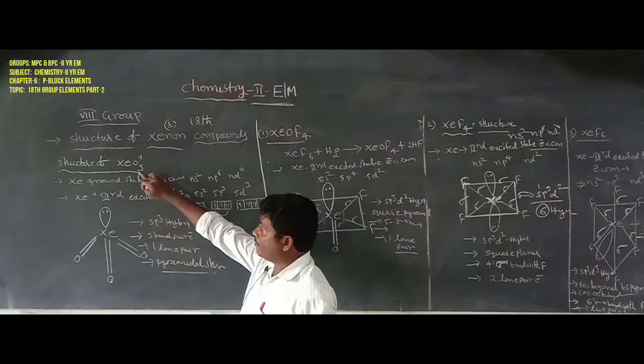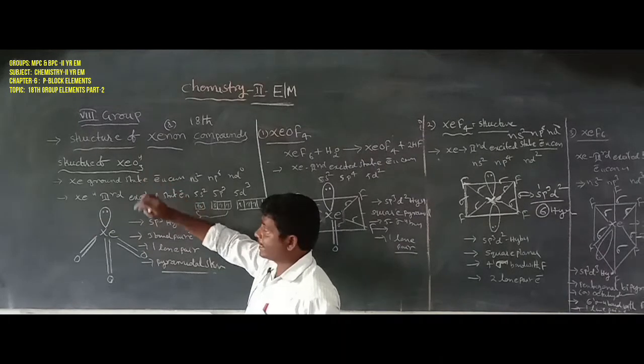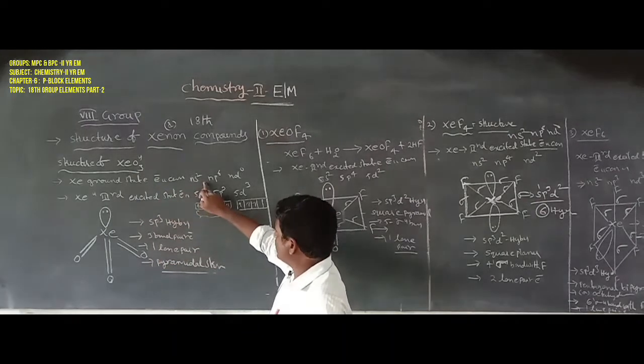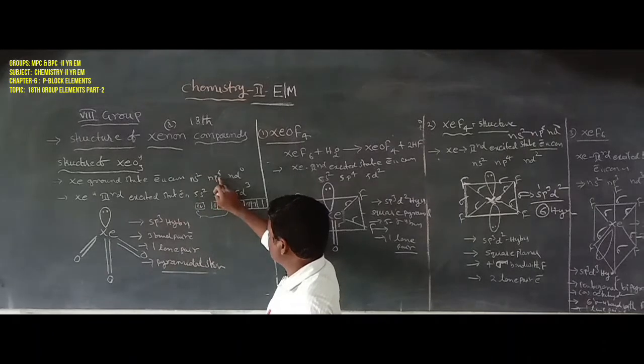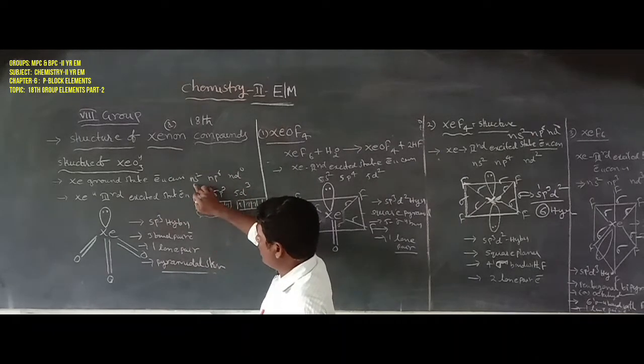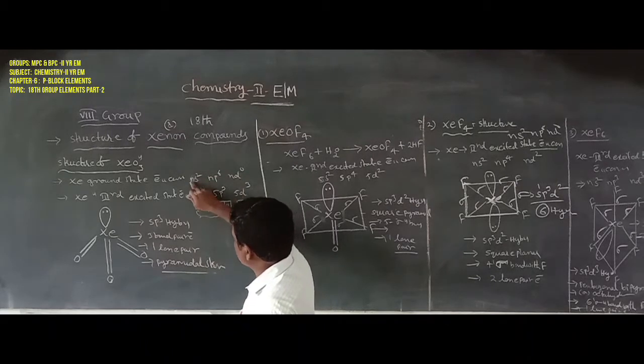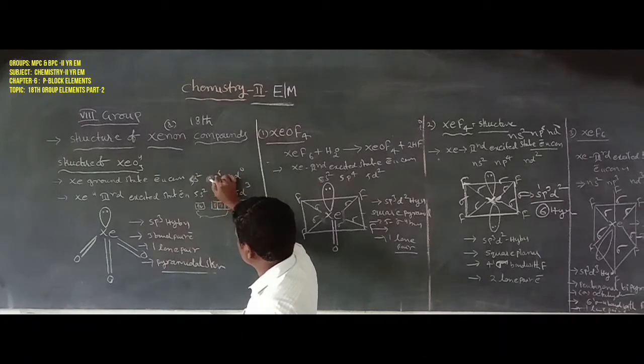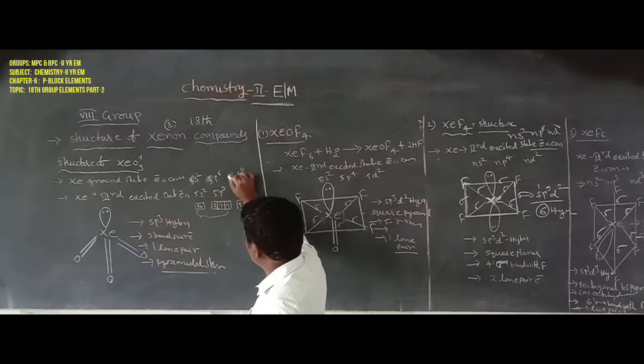Here xenon combines with oxygen to form xenon trioxide. Xenon ground state electron configuration is 5s2 5p6 5d0. Here is the xenon ground state electron configuration 5s2 5p6 5d0.